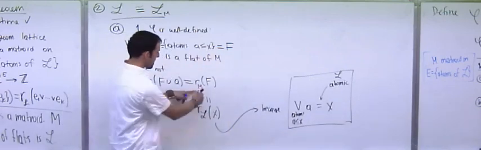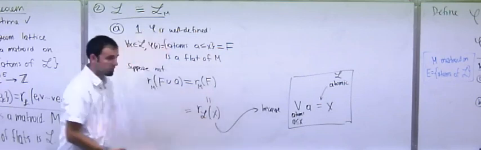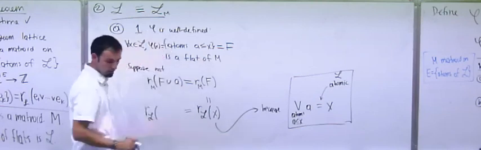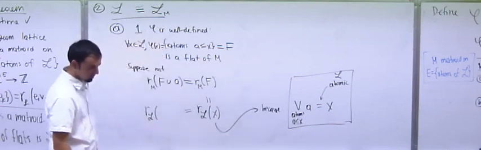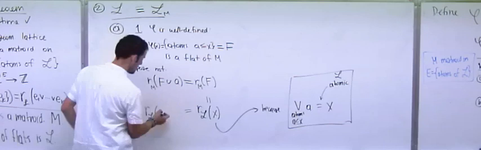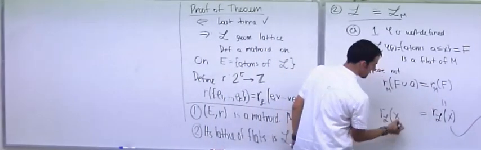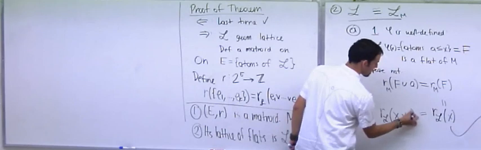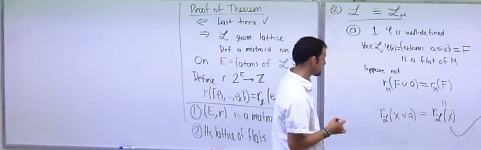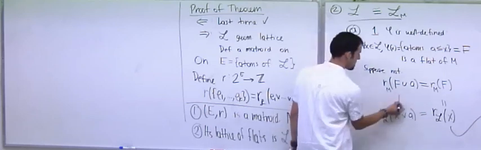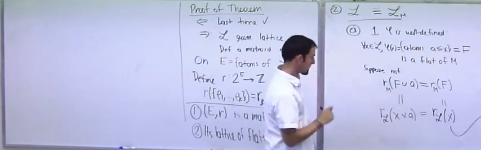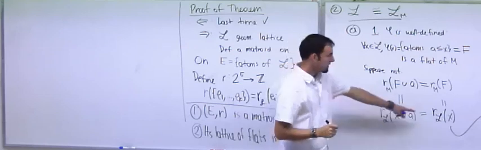But that means that the rank in the matroid of F is the rank in the lattice of X. And the rank in the matroid of F union A by the same argument is the rank in the lattice of X meet A. This looks a little bit like what we had earlier.